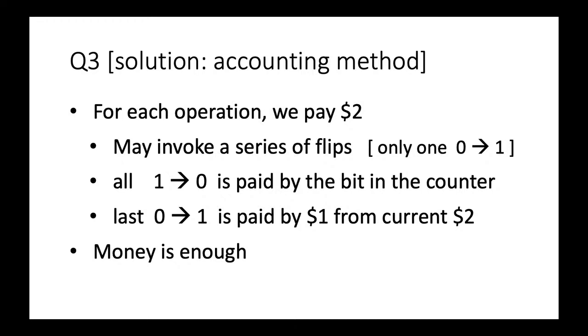Now, no matter whether we are doing the increments or doing the increments by a power of 2, these types of increment operations will invoke a series of flips, but only one of them is flipping a 0 to a 1.